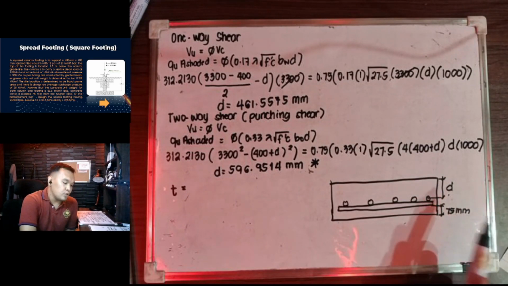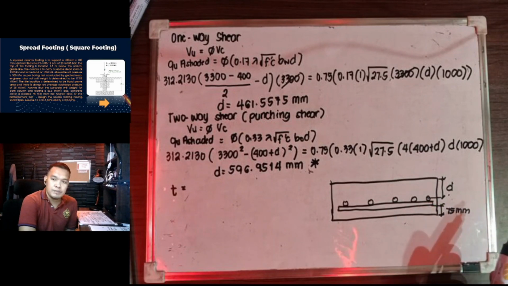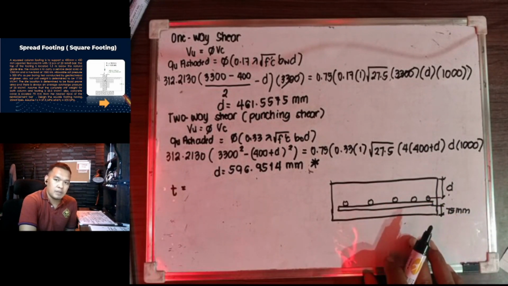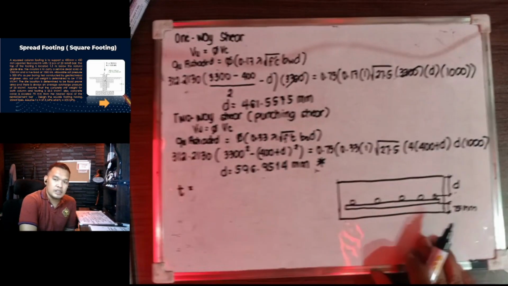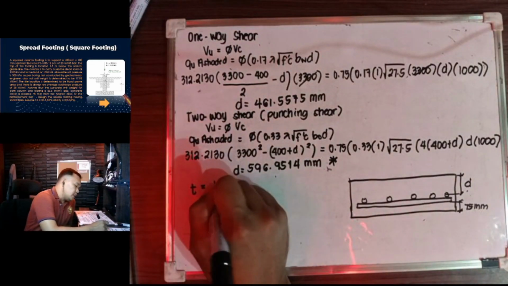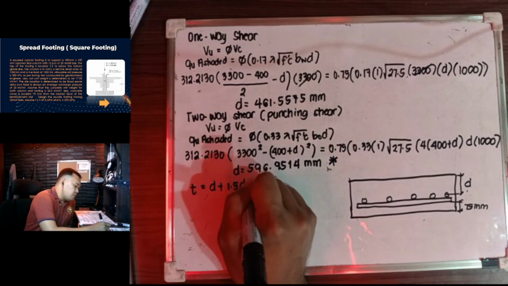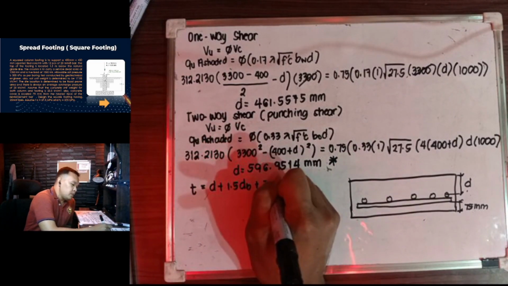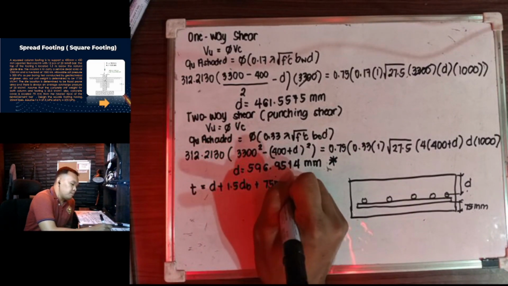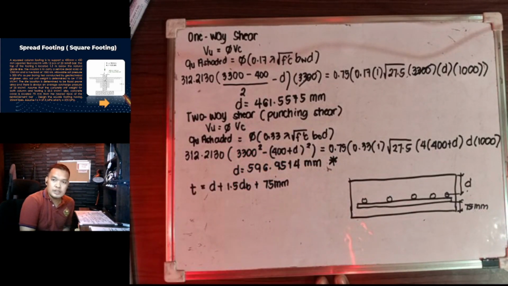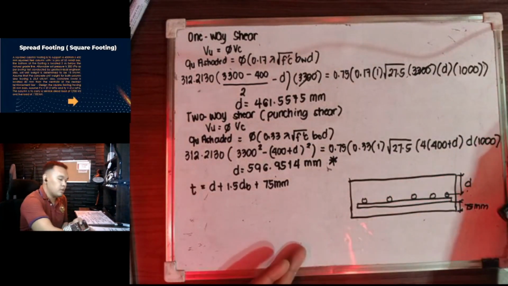Okay. So, kung yan yung effective depth natin, so the formula for the thickness, para makuha natin yung thickness, is D plus 1.5 diameter of bar plus 75 mm. No? Okay. So, proceed tayo. I do hope na nag-gets na yung figure na ta.